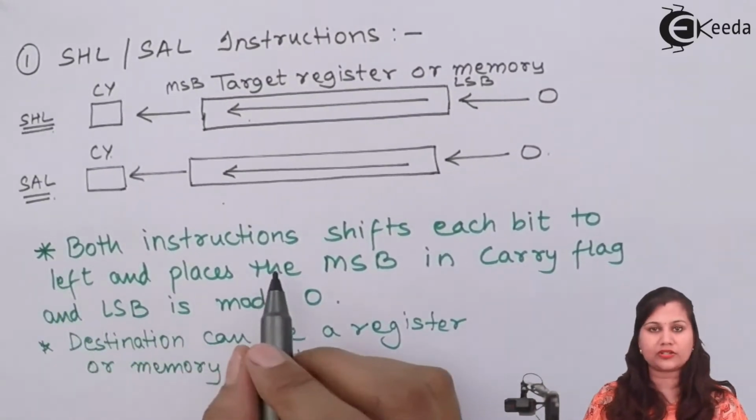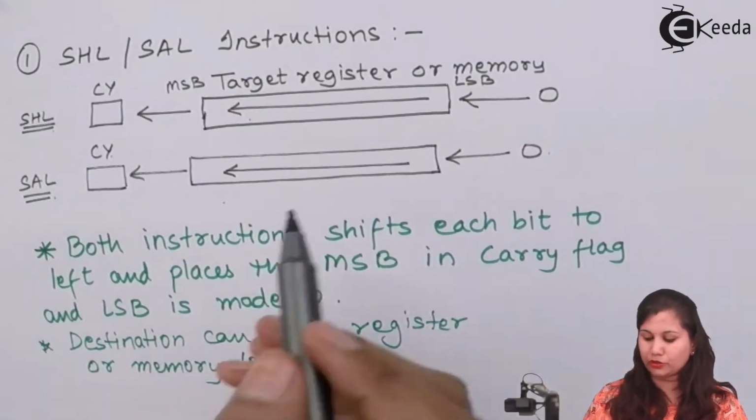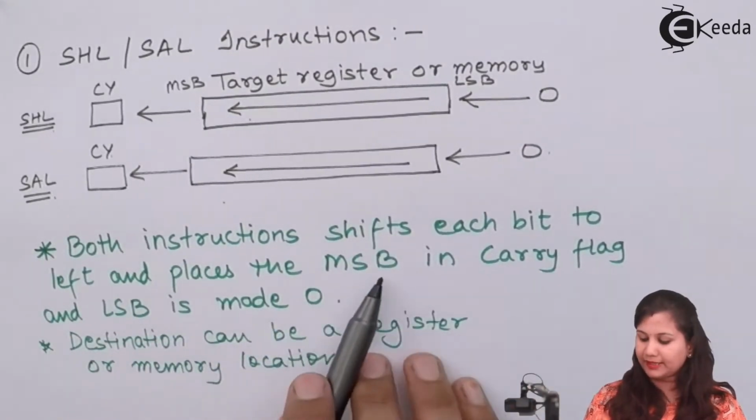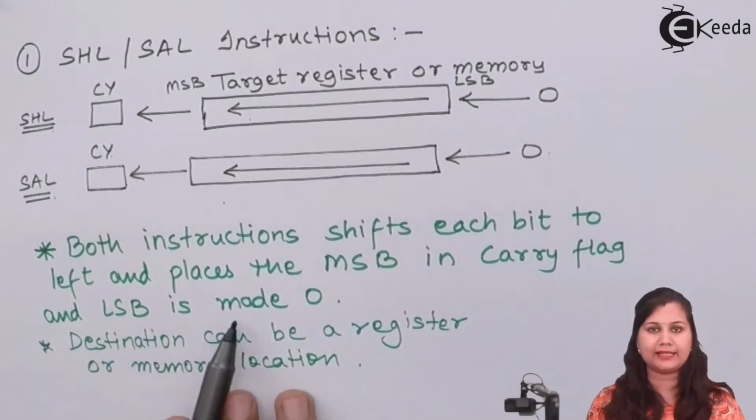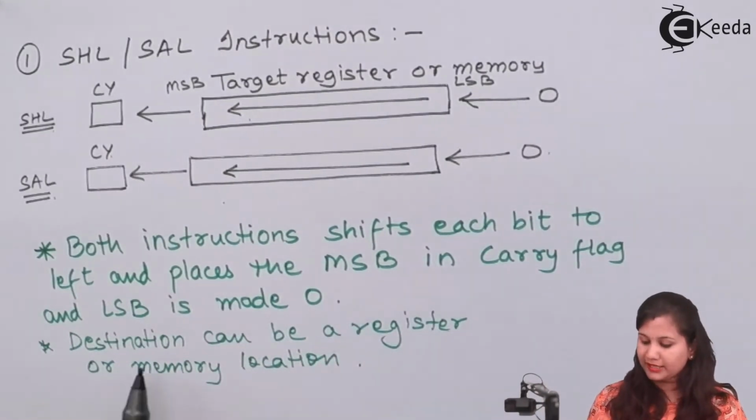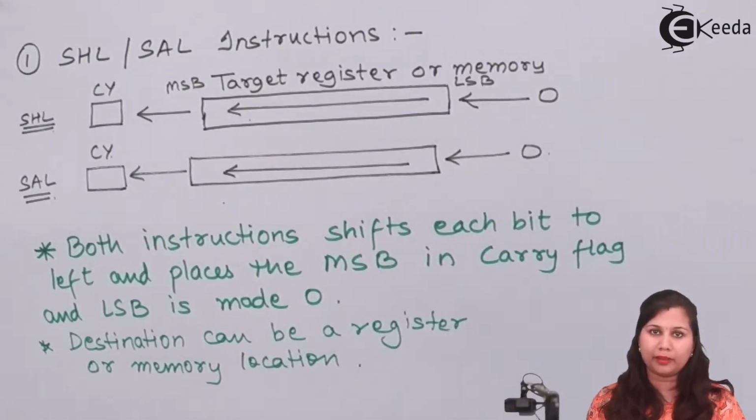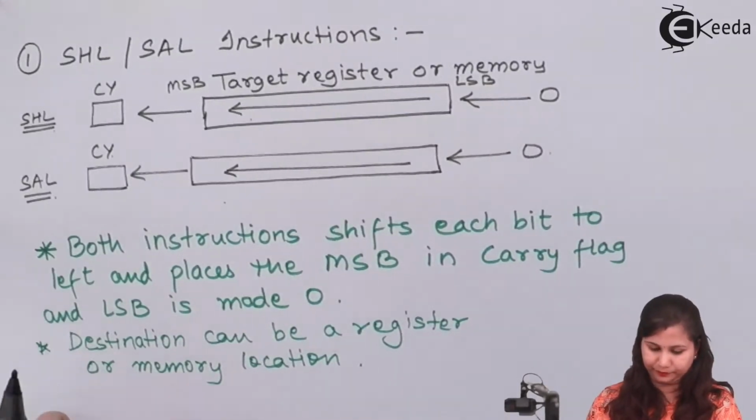So both the instructions shift each bit to the left side and place the MSB in the carry flag, and the LSB is made 0. The destination, meaning the target, can be a register or a memory location. Now, how many times will the number be shifted? It can be 1, 2, 3, 4.